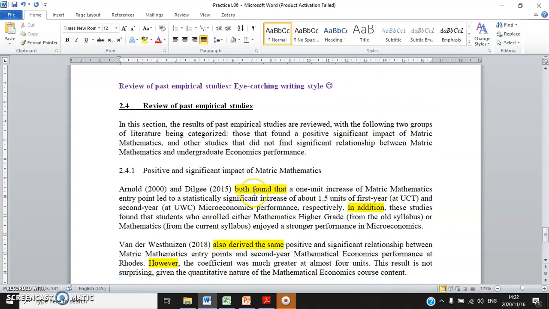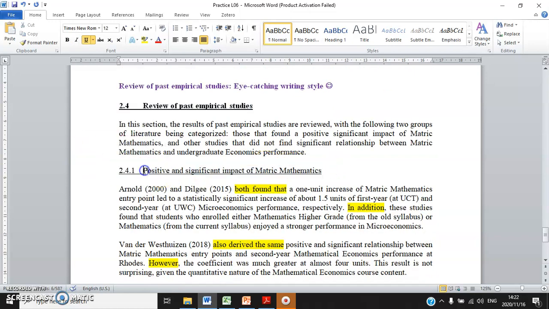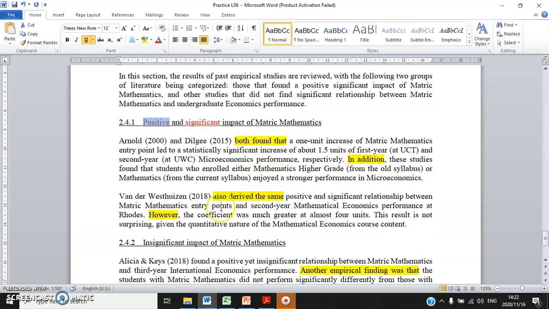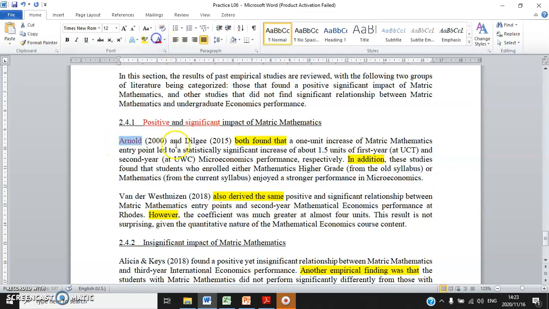Then I recommend you to have subsections. So in 2.4, you have section 2.4.1. You only review the studies with significant and positive impact of matric maths on undergraduate economics performance. So in other words, you have to review the first three studies: Arnold, Dewey. Remember, they derive similar findings on the parameter of 1.5. Keep that in mind.